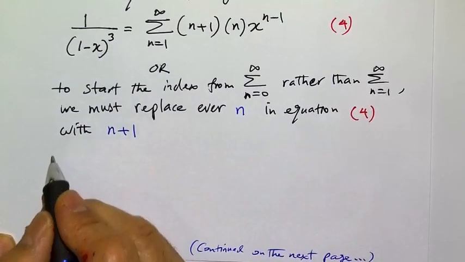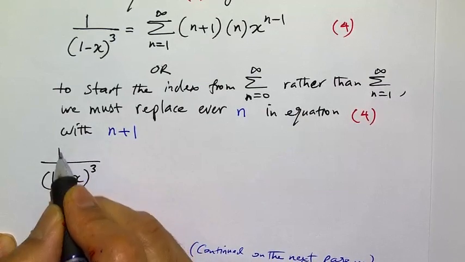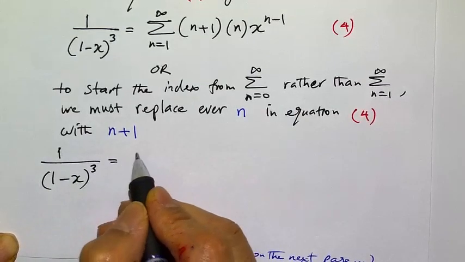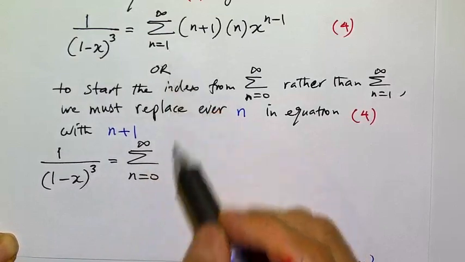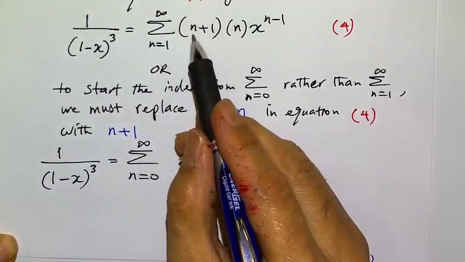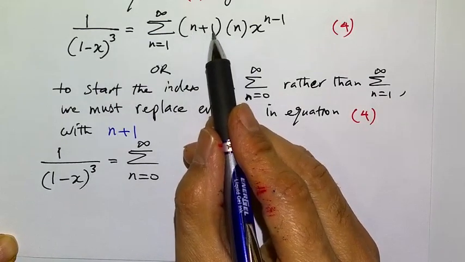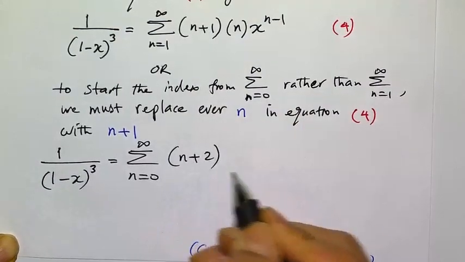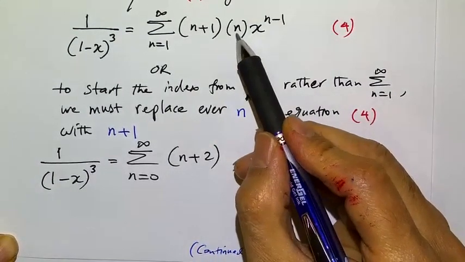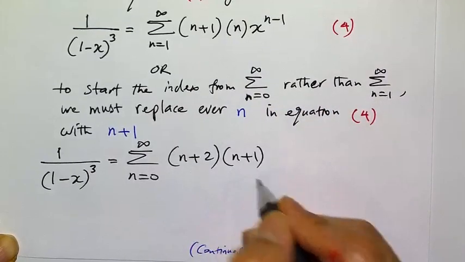Like that. So we have 1 over 1 minus x cubed equals the sum with index going from 0 to infinity, right? Switching from 1 to 0. So if I replace n with n plus 1, n plus 1 plus 1, it's going to be n plus 2. If I replace this n with n plus 1, that's what we're going to have, n plus 1.